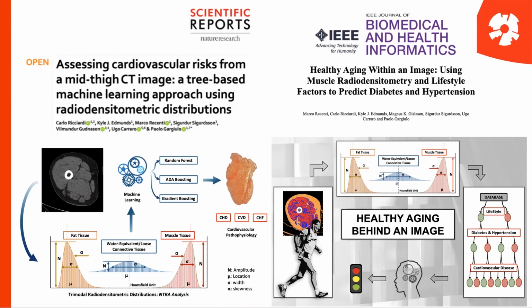The content of the connective tissue is very predictive of those diseases. But also, when looking at lifestyle, and particularly diabetes and hypertension, the content inside this profile can be used, and it is very predictive.